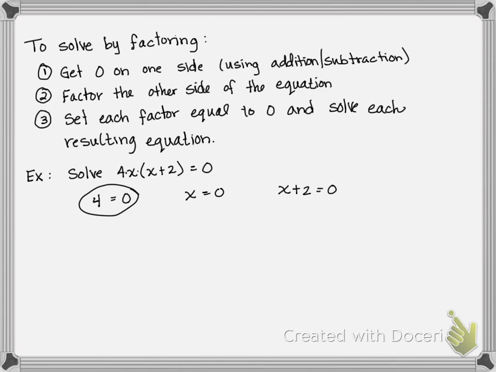But notice this equation is just simply not true, right? A constant is never going to be equal to 0. And so we could instead, if we wanted to, think of this as x equals 0 and x plus 2 equals 0, and we would get the same result.